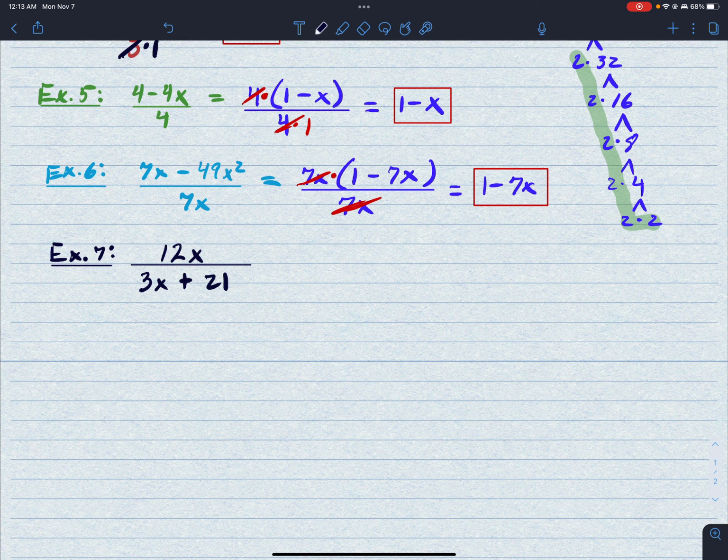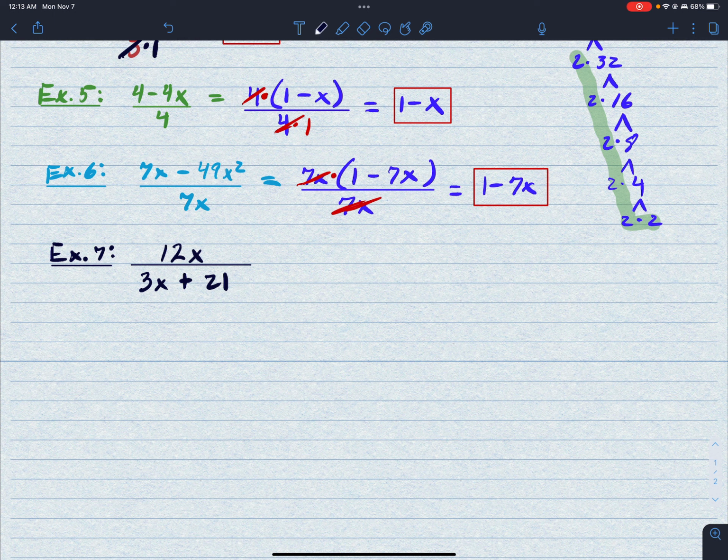Yeah, that works. 3x over 21. In this problem, you need to make sure that you still understand the factoring concept that we had done up here. I can't just start willy-nilly crossing things off because I see that there's something alike. Particularly, I can't cross these x's off in this problem because this term does not have an x.